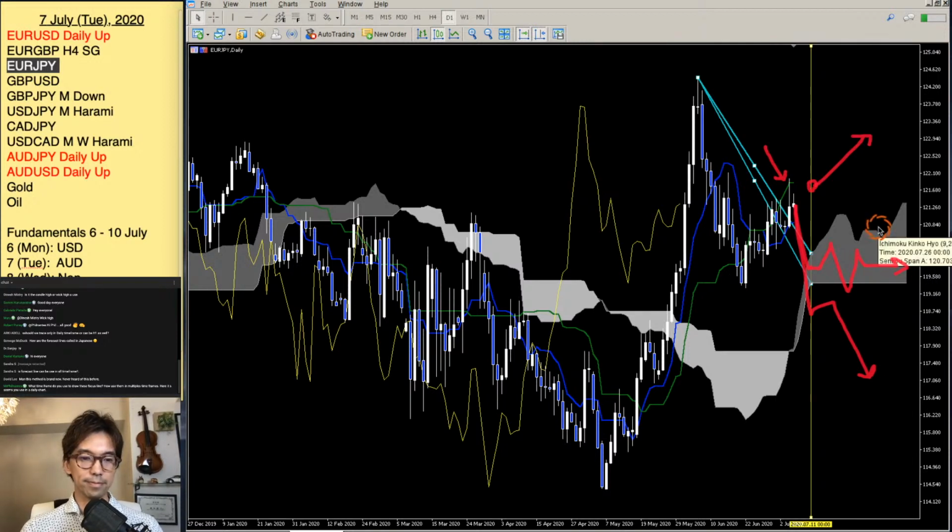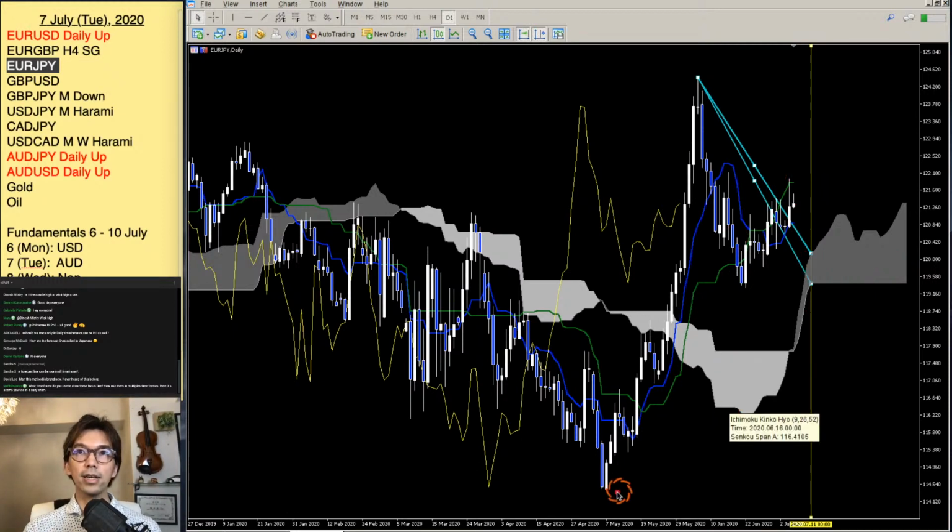Okay. So this is a great example of how you can draw the forecast line. For example, if you go back, there was another retracement happening on this day. Exactly from this candle, the price started to go upwards and retrace backwards. Before, it was a downtrend, and after that it went upwards.